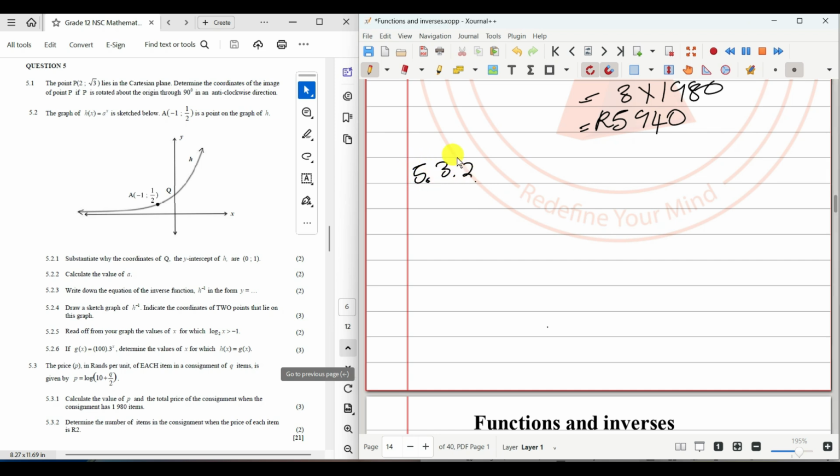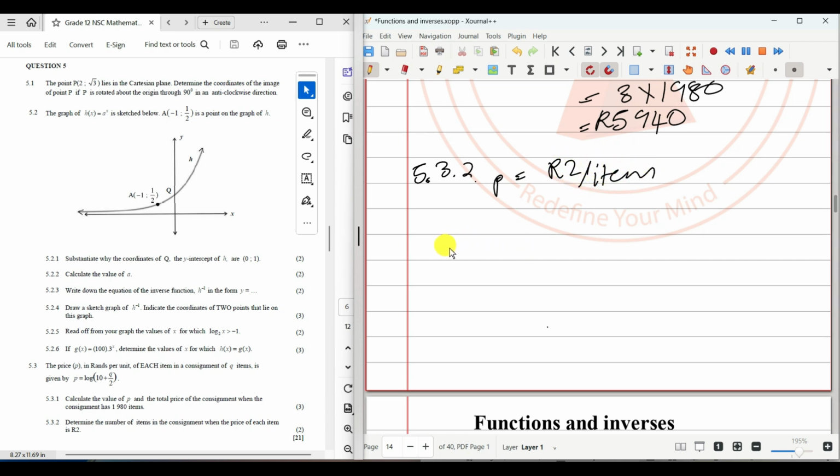5.3.2, determine the number of items in the consignment when the price of each item is 2 rands. So in this case, P is 2 rands per item.